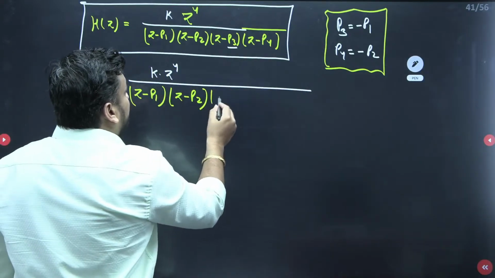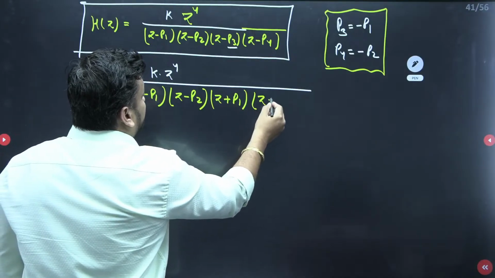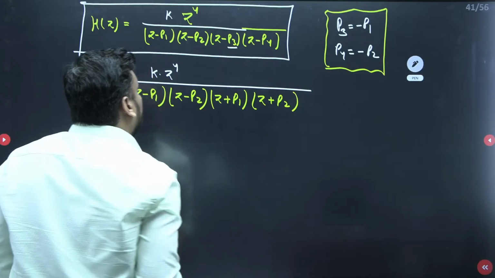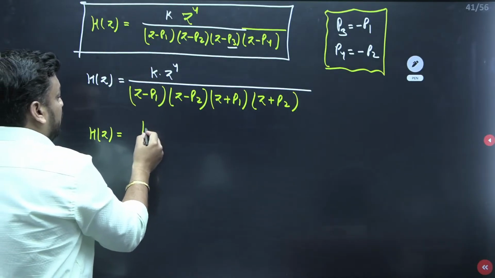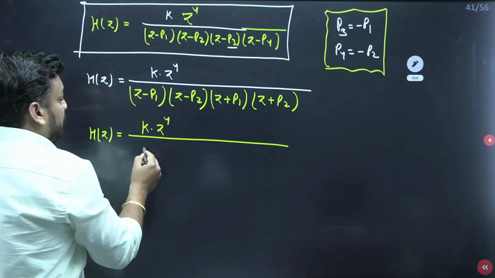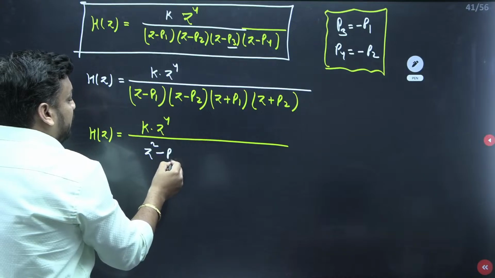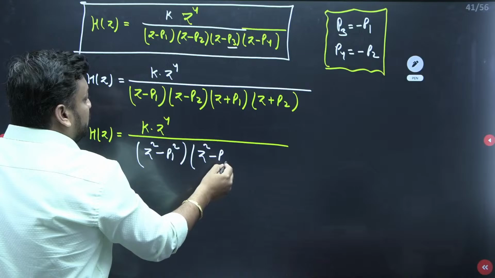So ultimately I will get (z plus P1) and (z plus P2). So ultimately you will get H(z) equal to K z^4 upon (z square minus P1 square) and (z square minus P2 square), using (A plus B)(A minus B).